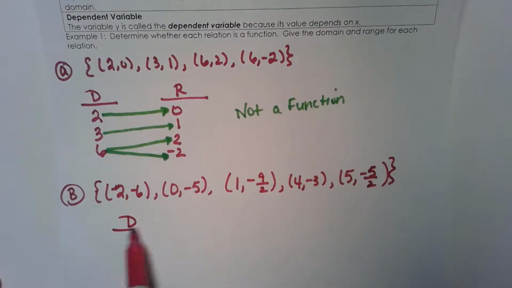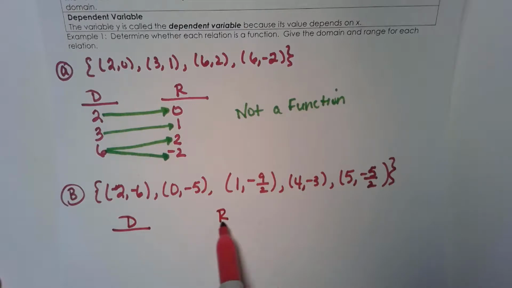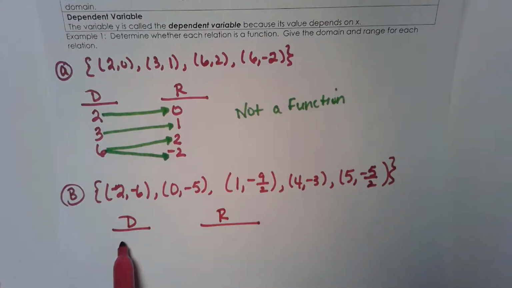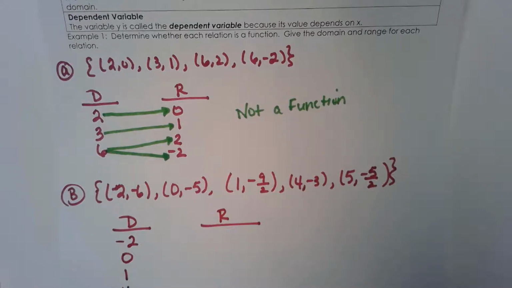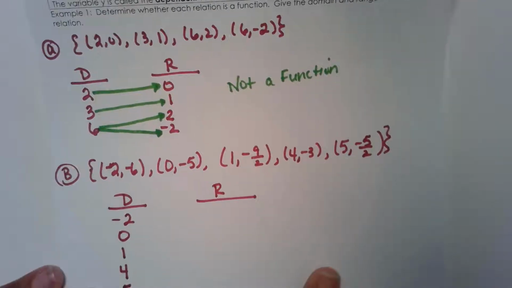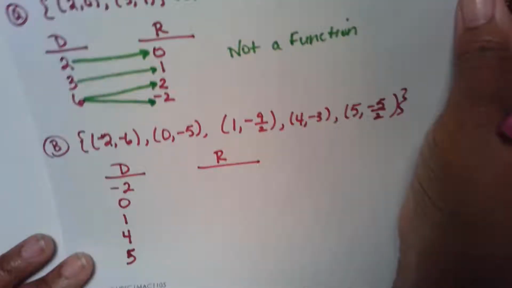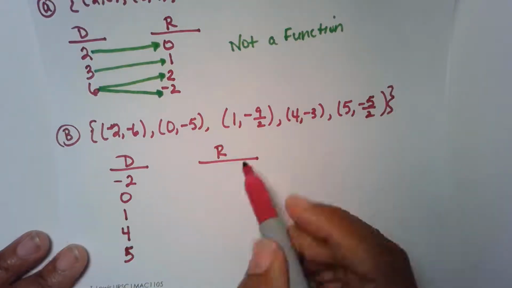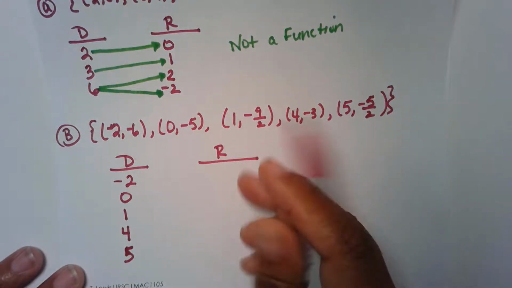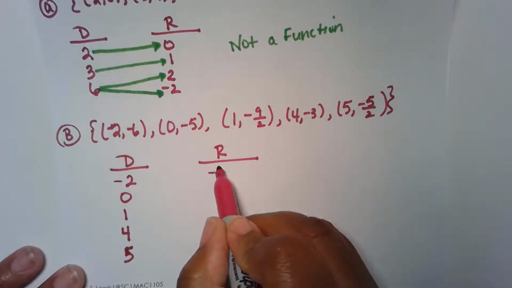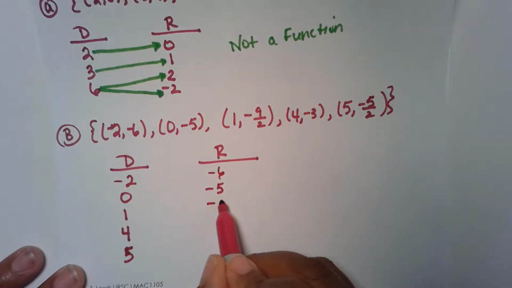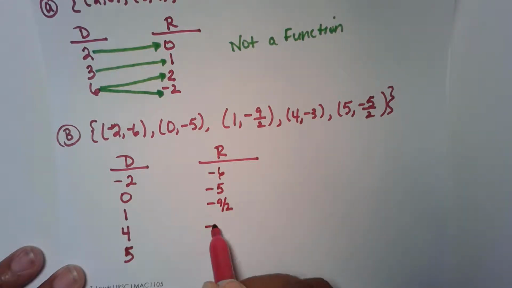Our domain, let's list all of the x values and then all of the y's. We have our domain, -2, 0, 1, 4, and 5. And then our range, we have -6, -5, -9/2, -3, and -5/2.